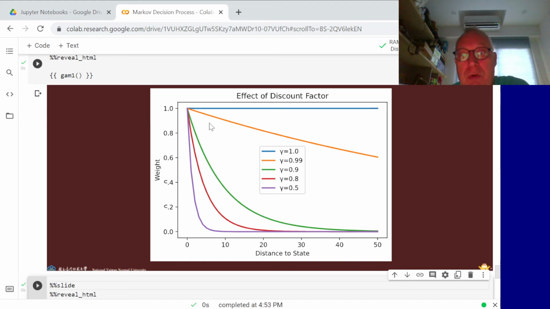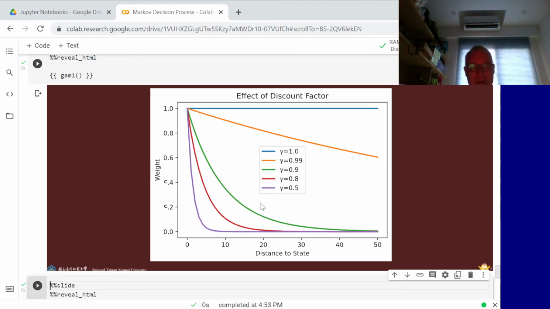If gamma is 0.9, then yeah, watch out. After 20 steps, it's only worth 10%. After 50 steps, it's basically 0. And the other ones decrease even faster, right? So that's what you can select with your discount factor.